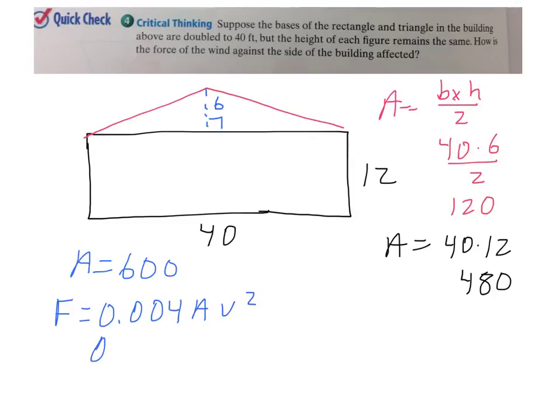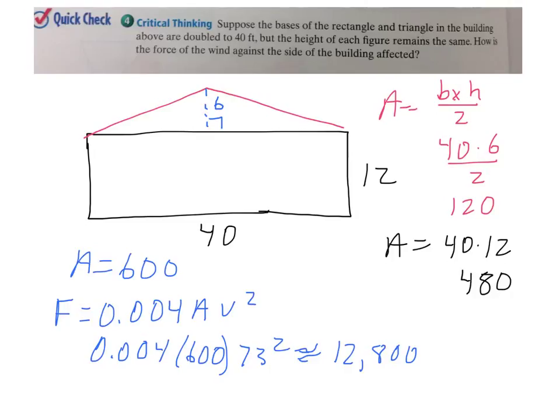So we're going to say 0.004 area of 600 times 73 squared. And we're going to punch this into our calculator, and we get approximately 12,800 pounds of pressure. And if you remember on the last one, it was 6,400 pounds of pressure approximately.